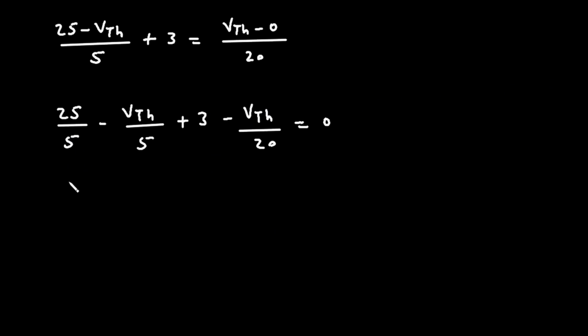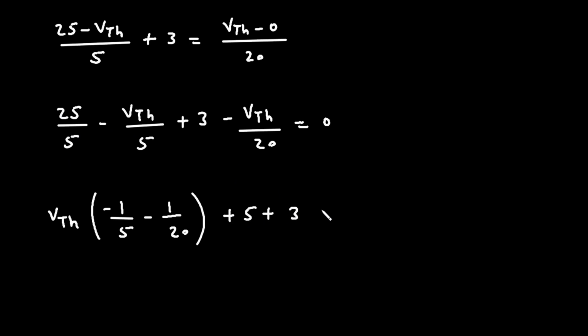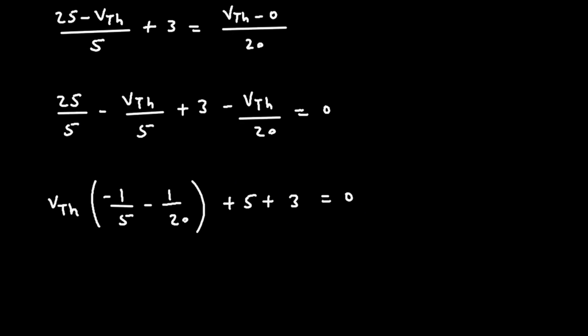Let's take VTH common first. If we take VTH common, then minus 1 by 5 and minus 1 by 20, and this will be 5, plus 5 plus 3 is equal to 0.